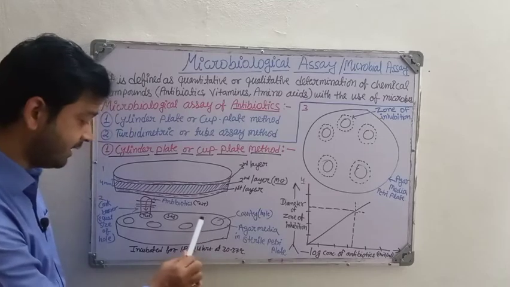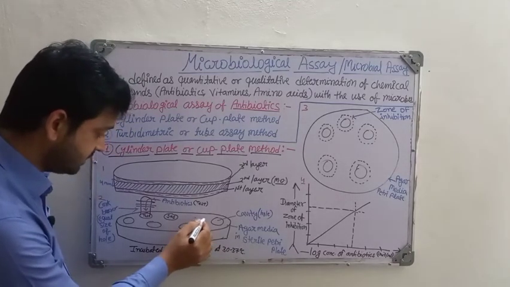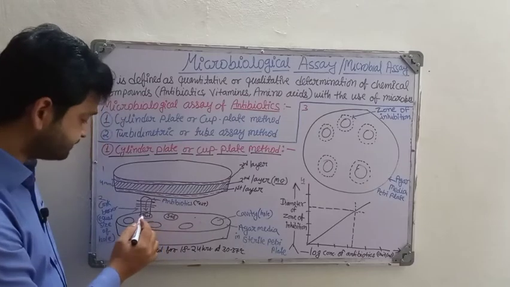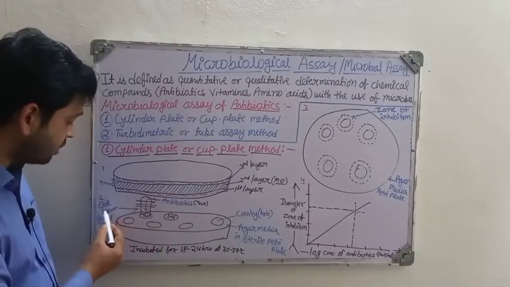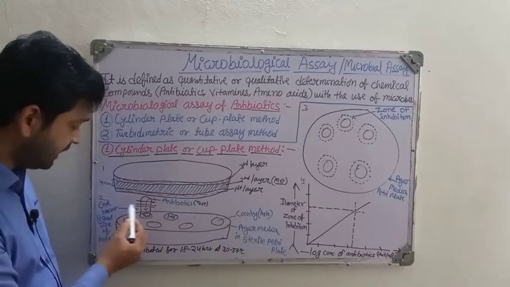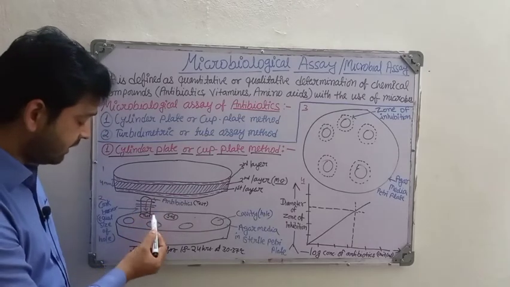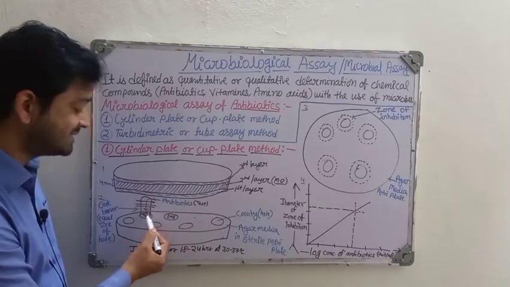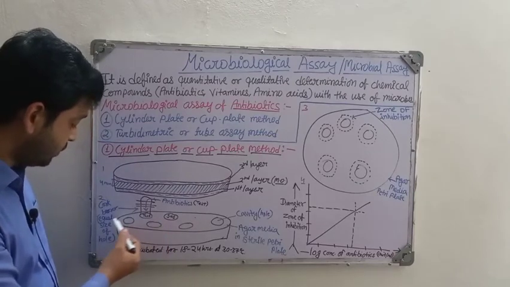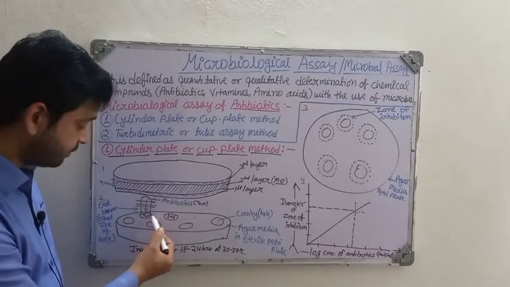The plate is sterile and the agar media fills all the other area. To make the holes we use a cork borer, which looks like a test tube. The cork borer size and the hole size are the same, so we make equal-sized holes.